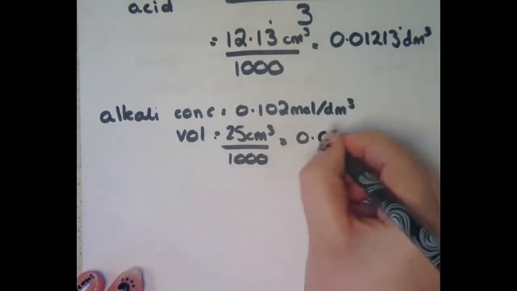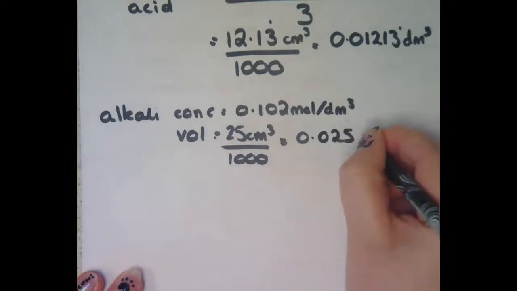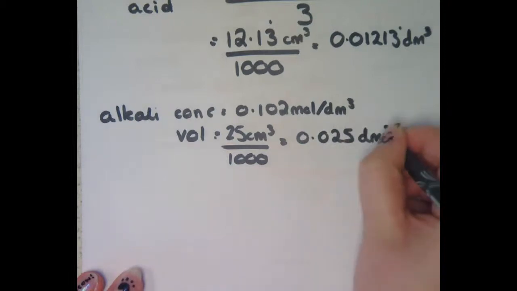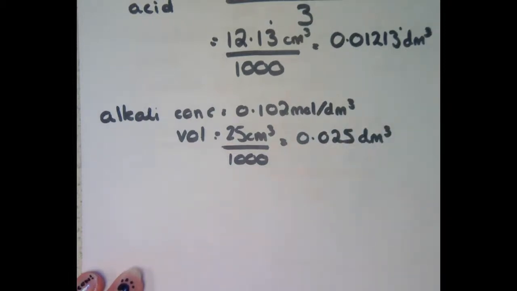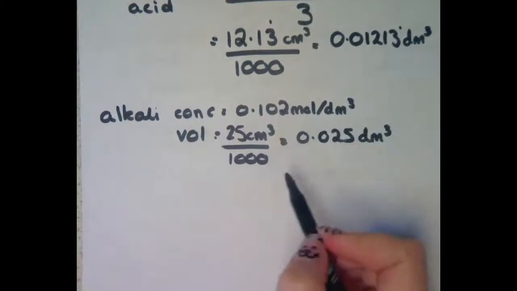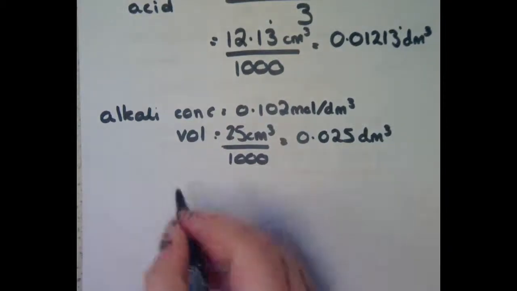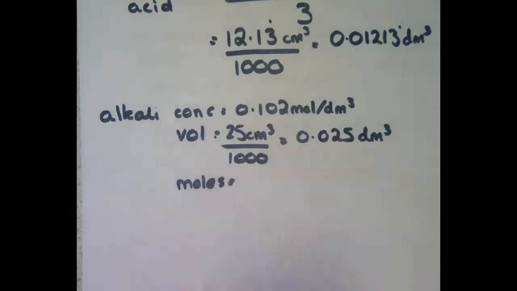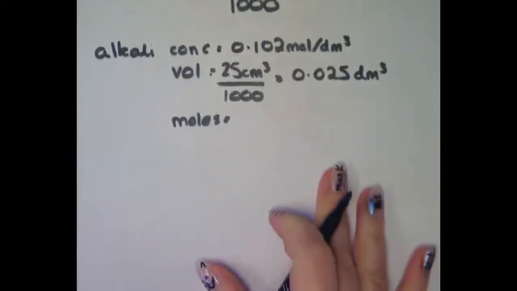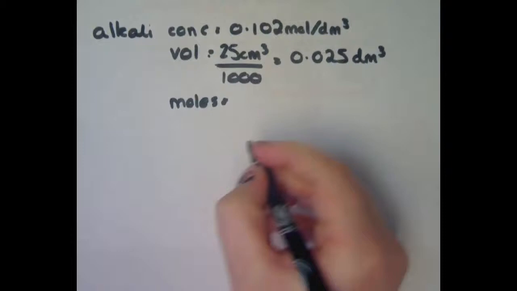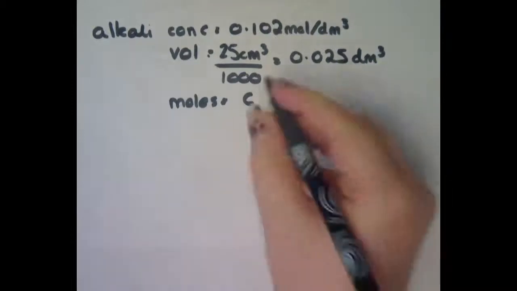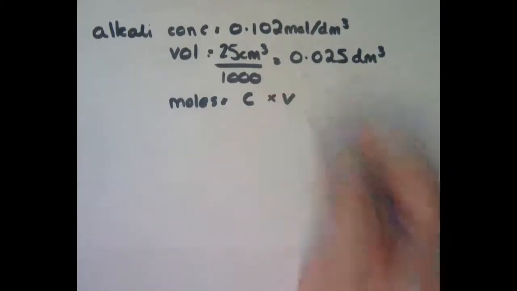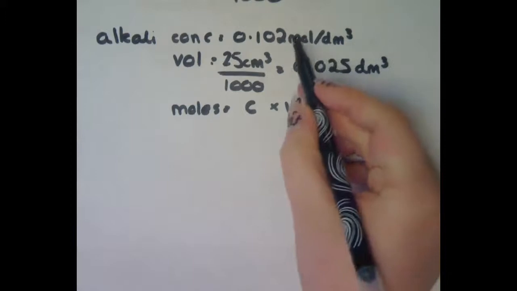Convert it to decimetres cubed by dividing by 1,000. There we are. So I have got my concentration of my alkali, my volume of my alkali. Now I need to get the number of moles of my alkali. To get moles, we do concentration times by the volume.